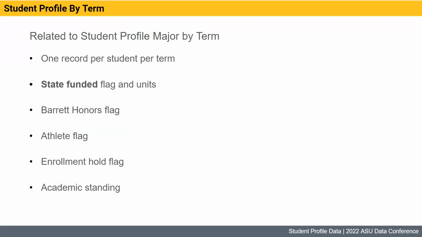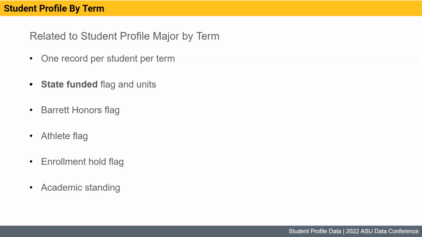The second table is where we get the state funded flags and the state funded units. So I keep talking about state funded. State funded used to be what we could report to ABOR. We don't do that type of reporting anymore, but it's also tied out to what institutional analysis will report as our official enrollment for the term.